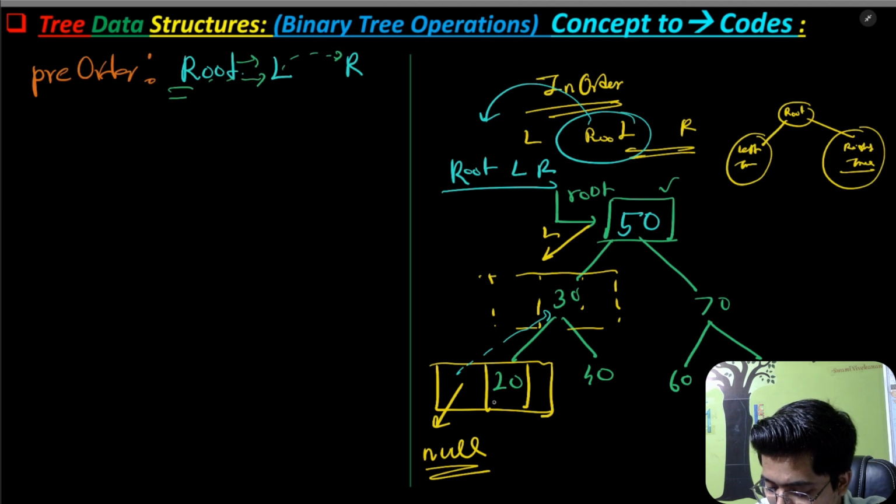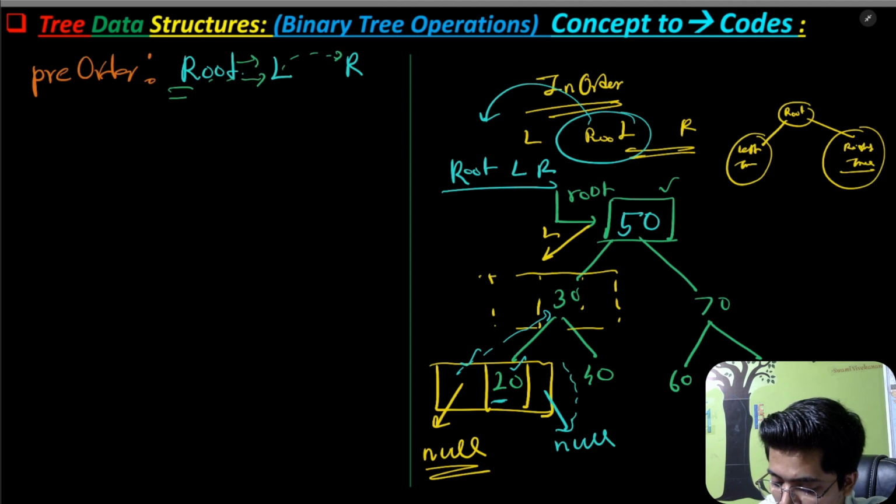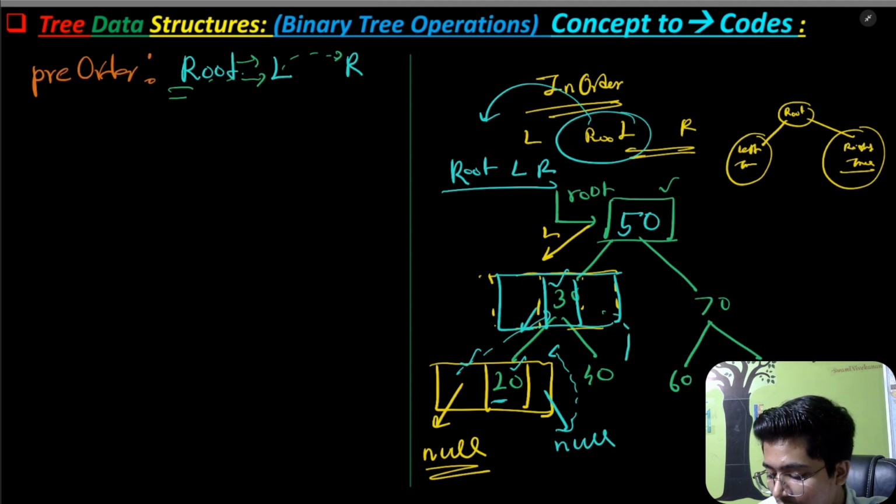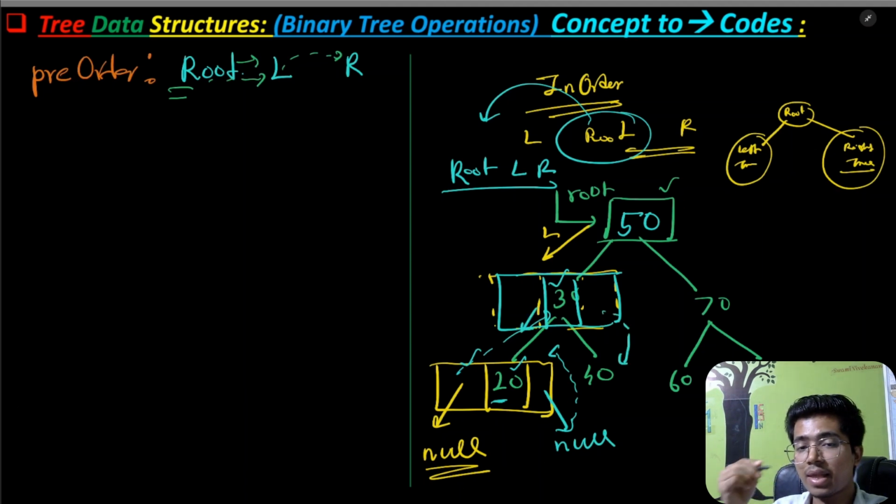So here this is the root node, and again it will first process the root, then this left one, and then it will process the right section. It will again encounter null and it will return. So once this root, this parent root, and this left side have been done, it will now come to this section, and it will again visit the same way.